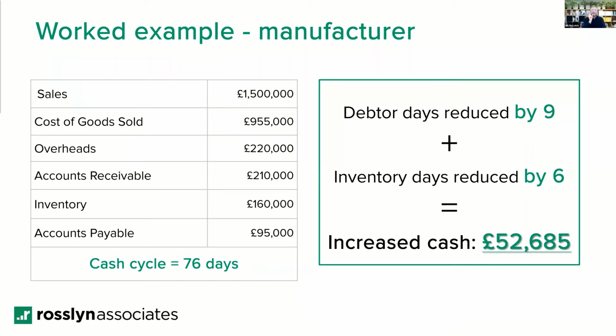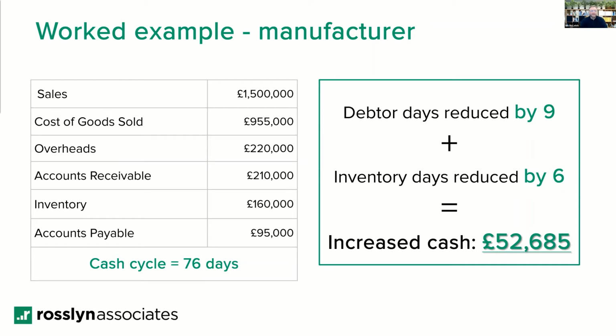Now, the basic point here is, the lower the debtor days are, the quicker you're getting paid, because there are fewer days of work outstanding with customers that haven't been paid yet. And the same with the inventory or stock. If you're holding less stock, then you're not paying out as much cash to your suppliers.